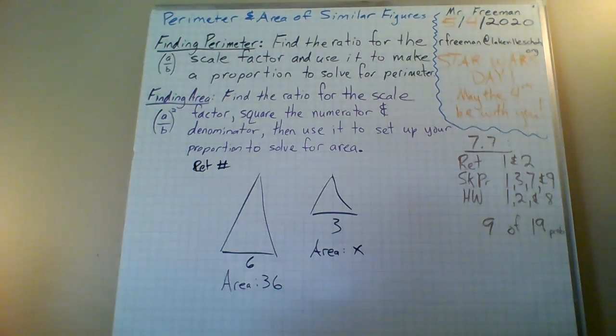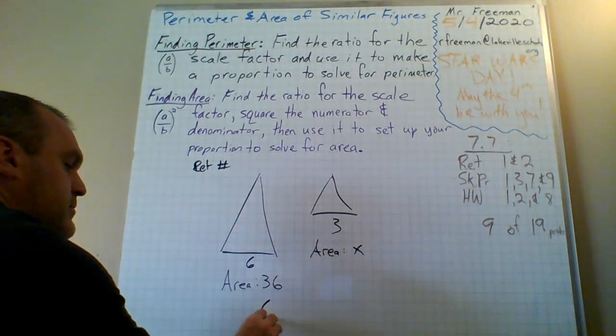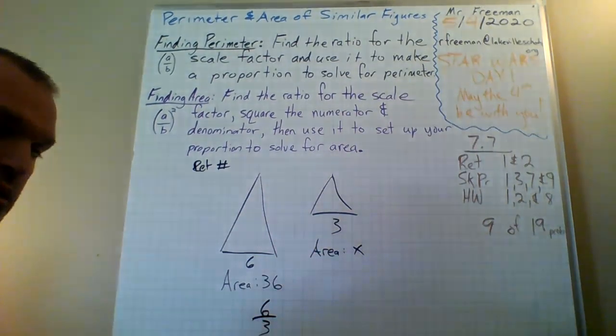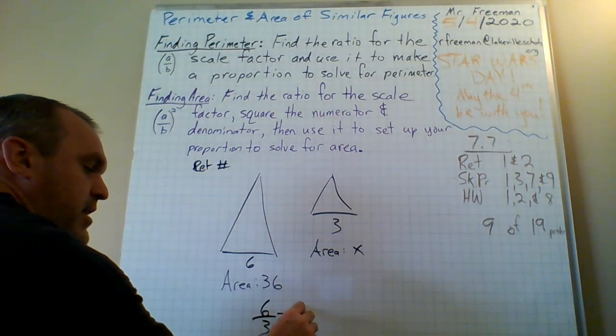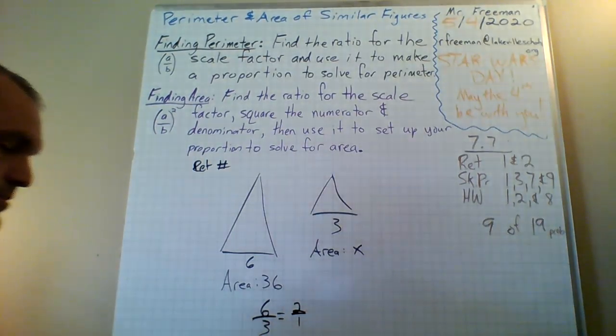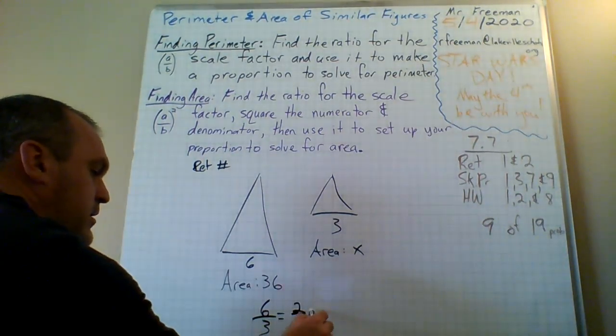Those are the dimensions we are given. This one in particular goes from 6 to a 3. Well, we kind of know that that can be reduced to a 2 over a 1.